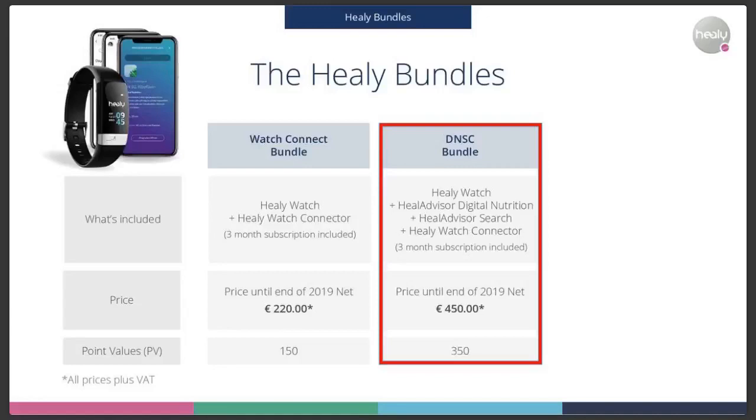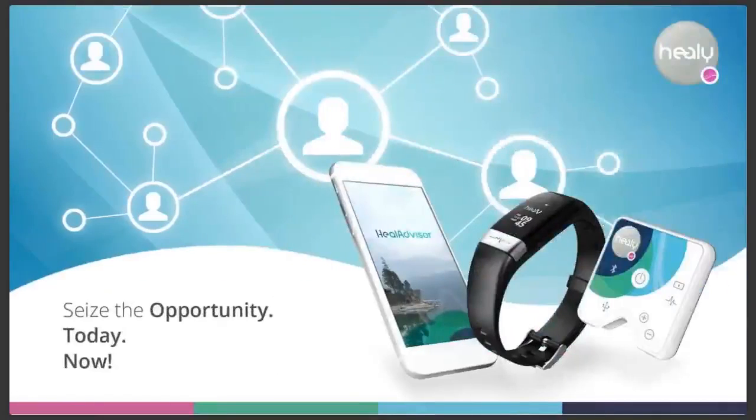So this is the only bundle where the HealAdvisor Search will be included. But as I said, for 29 euro and 20 points, you can also do a single subscription for the HealAdvisor Search.